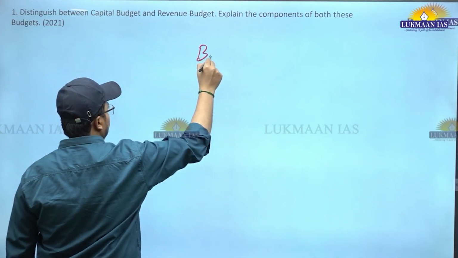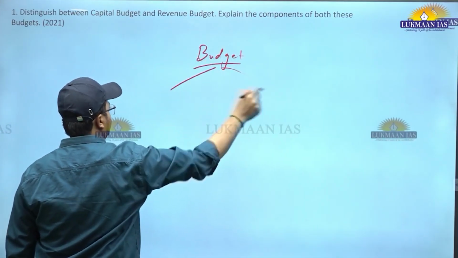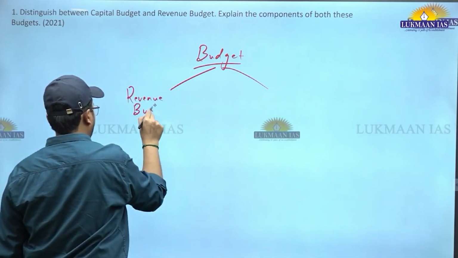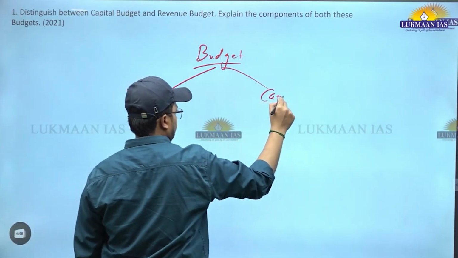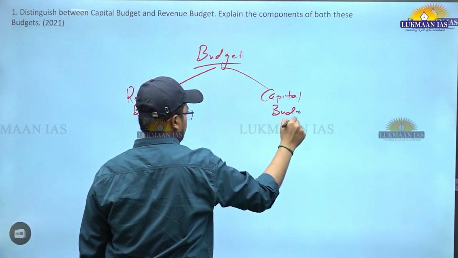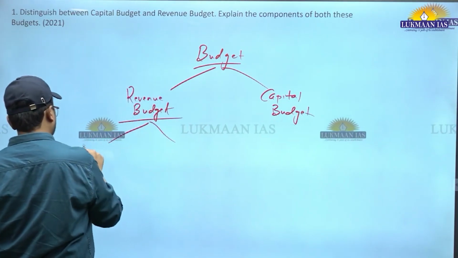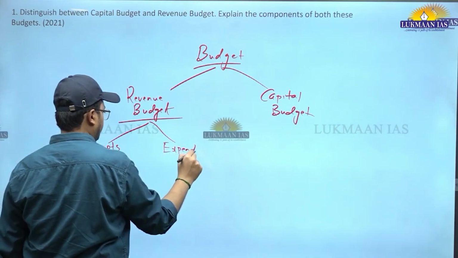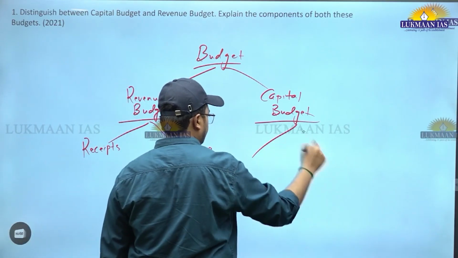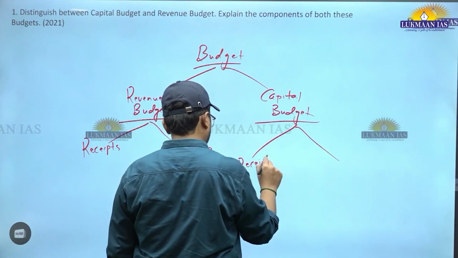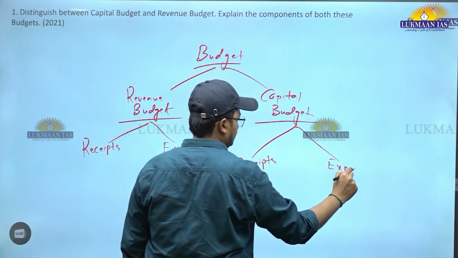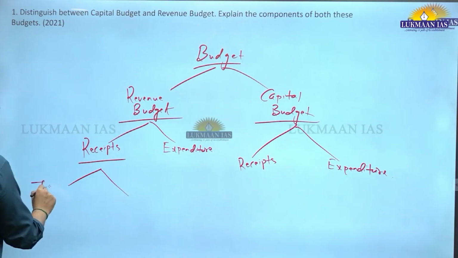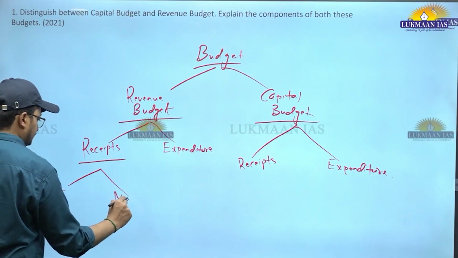So the budget has the revenue budget and the capital budget. Within revenue there are receipts and the other is expenditure. Similarly for capital, receipts and expenditure. Within the revenue receipts, it could be tax and non-tax.